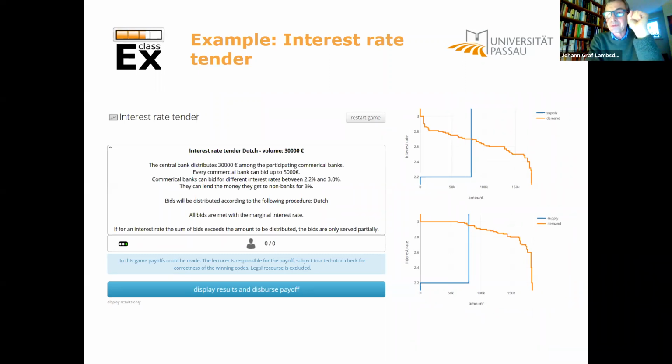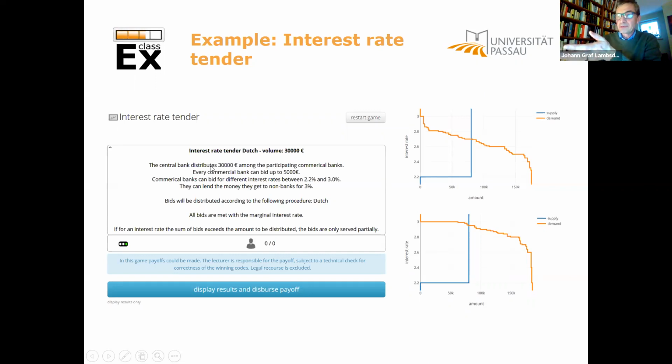So your students would obtain the role of the bank. So here, the central bank, it's the interest rate tender Dutch, which is the single rate tender, and volume 30,000 euros.